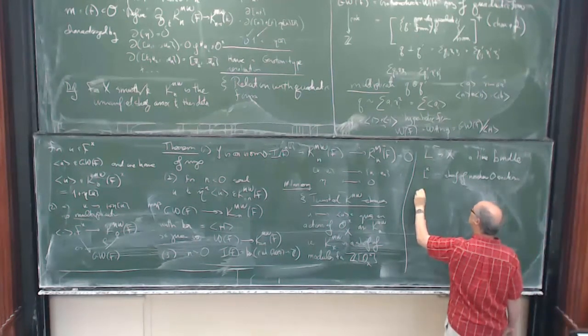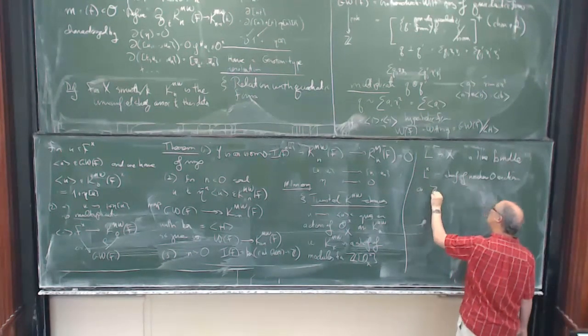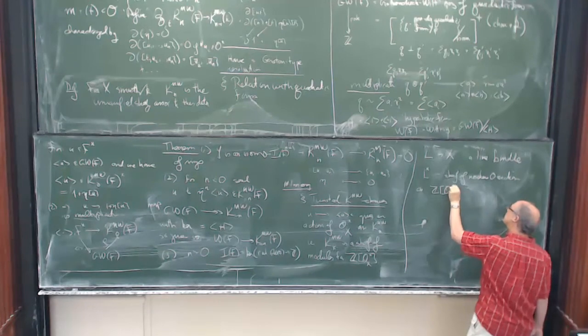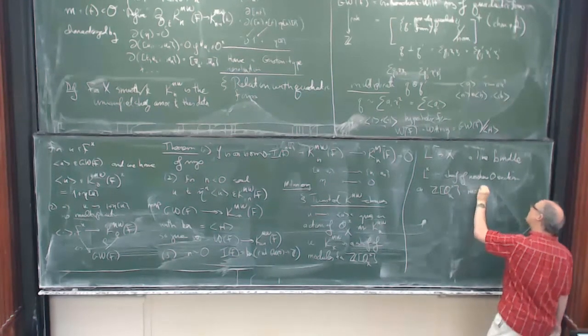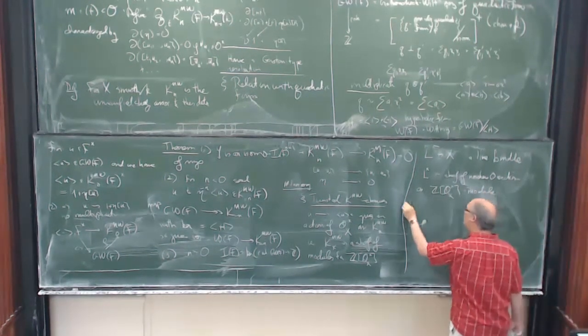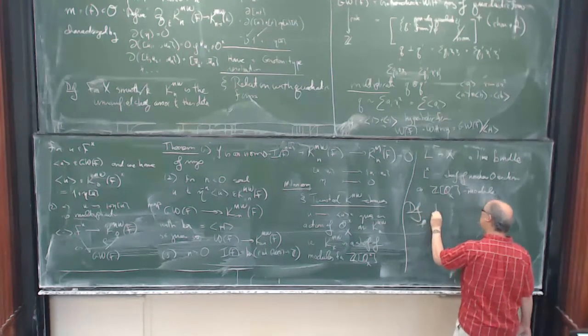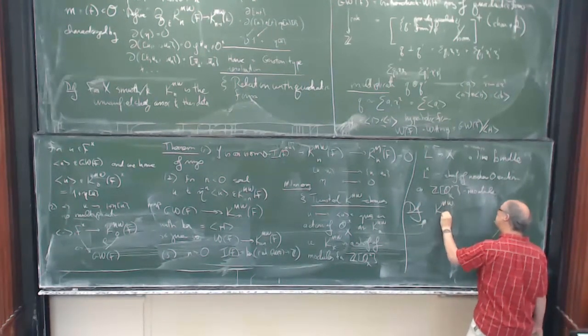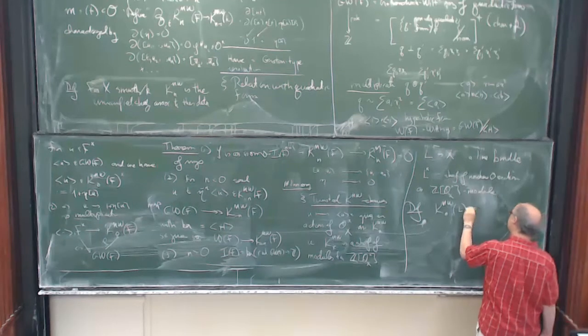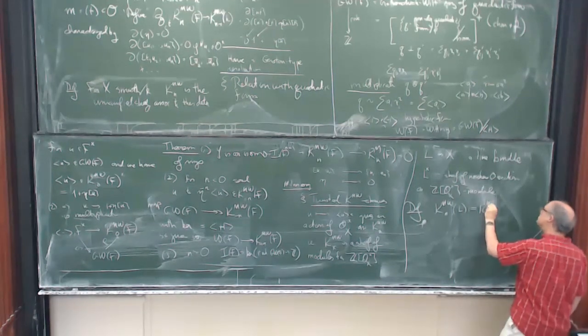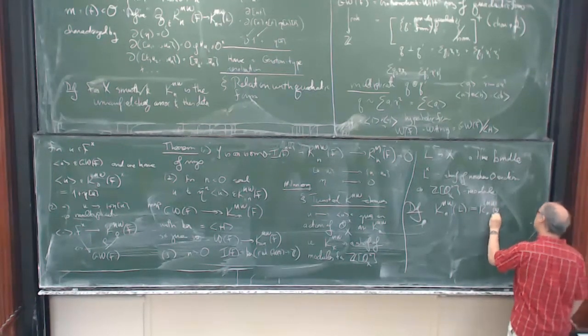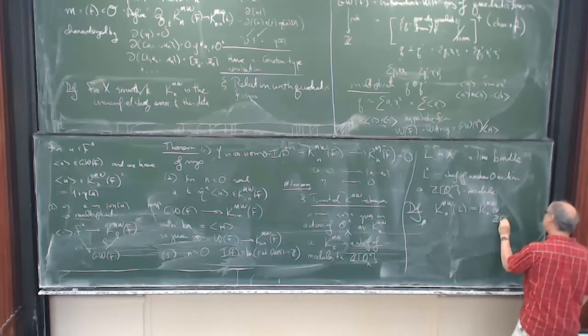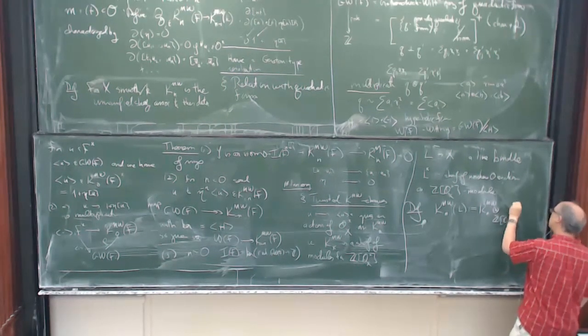And this, of course, is also a module for this group. And we define the twisted Milnor-Witt sheaf: you just take the untwisted one, tensor it over Z[G_m] with this L star.